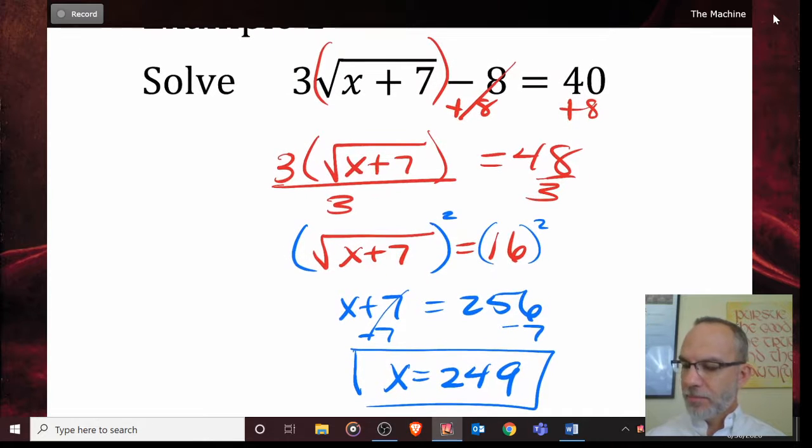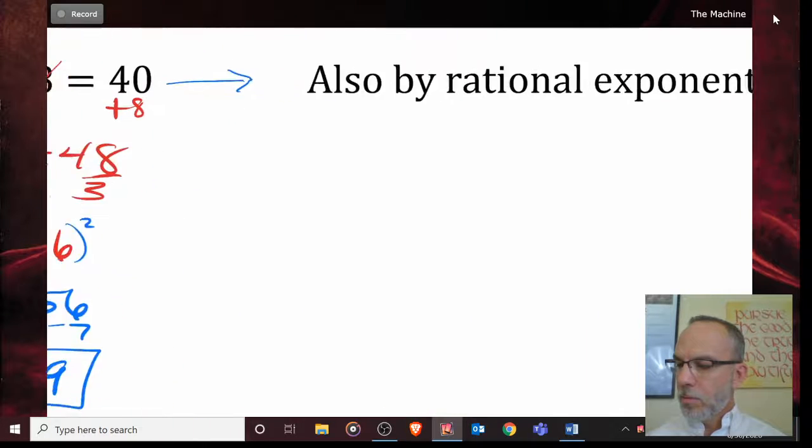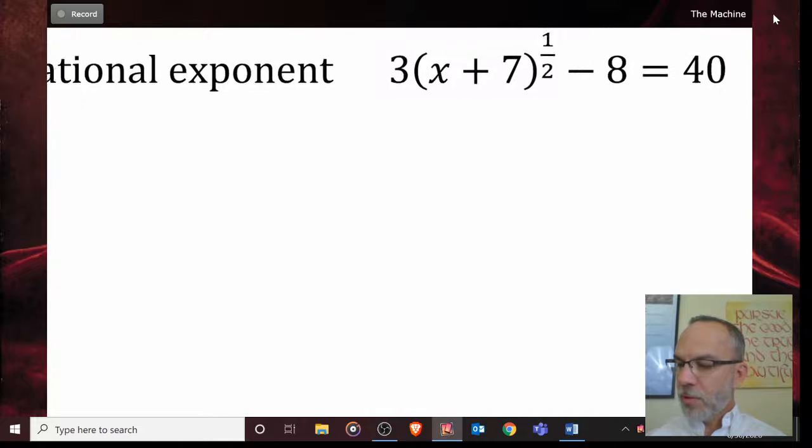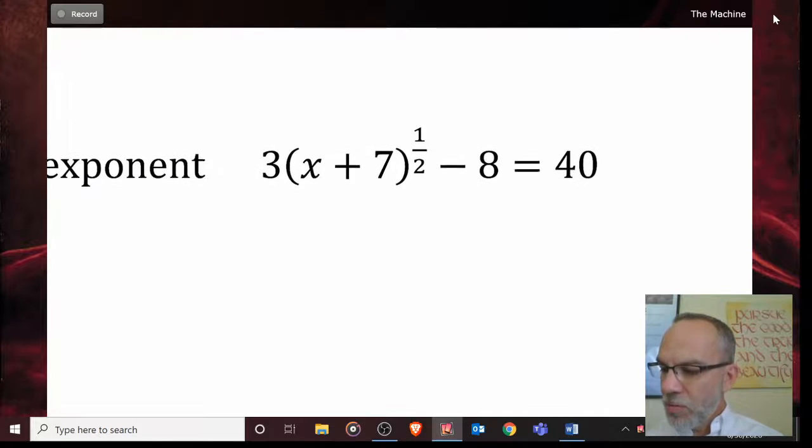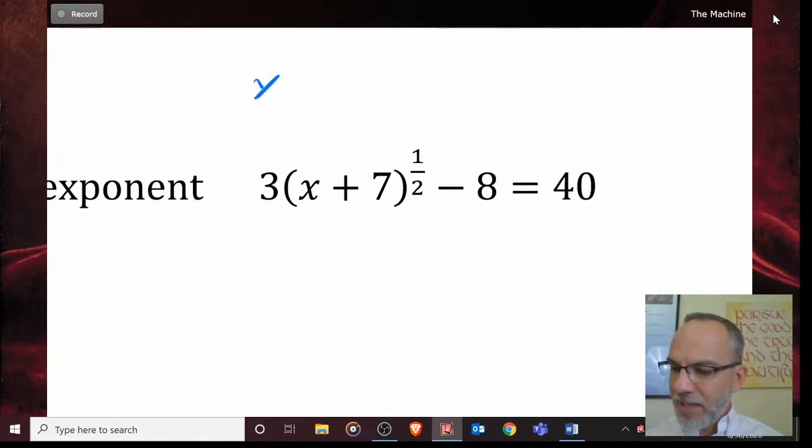Let me give you an alternate way of writing it, also by rational exponent. Look at that. Isn't that the same thing? It's the exact same thing. Notice my grouping here. I used the square root as an exponent because you know by now that x to the 1/2, anything to the 1/2, is equal to the square root of x.